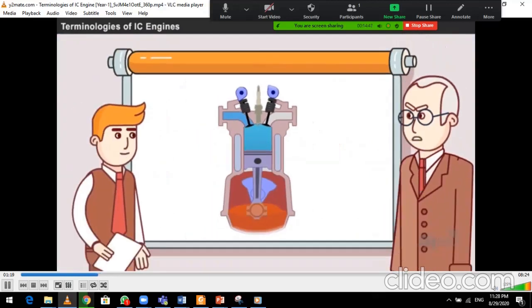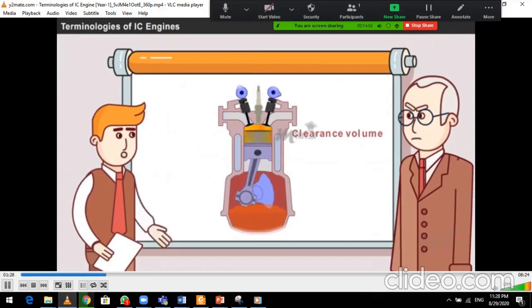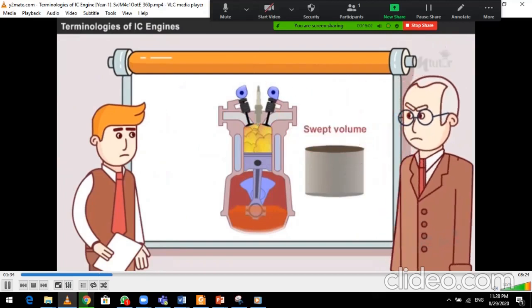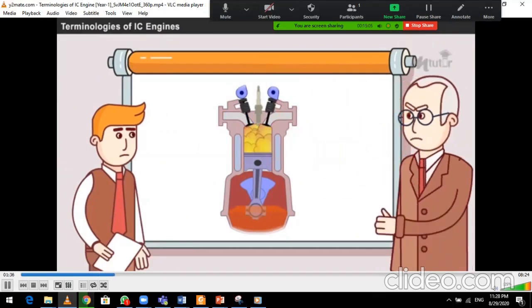Okay, answer this question. What is clearance volume? It is the distance covered by the piston from top dead center to the bottom dead center, sir. It is not clearance volume, it is swept volume. Were you really watching the working video, Sam? Yes, sir. I know the working of this engine really well, sir.